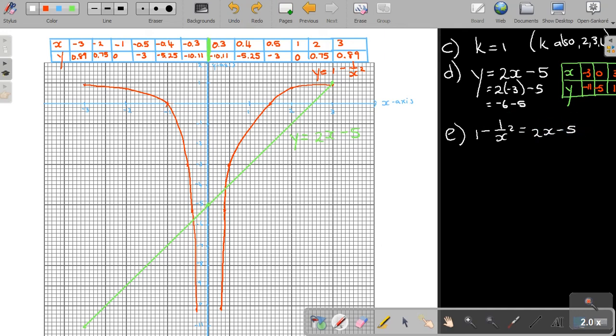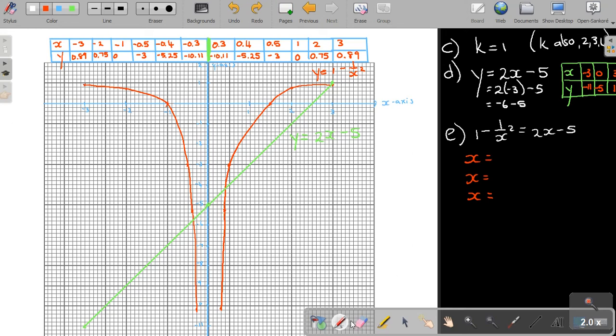Now where do they intersect? Oh, they intersect at quite a lot of places. They just want x values. So let's just start. X equals, it cuts. If I look at the first one, it cuts there, and let's start from the negative side.